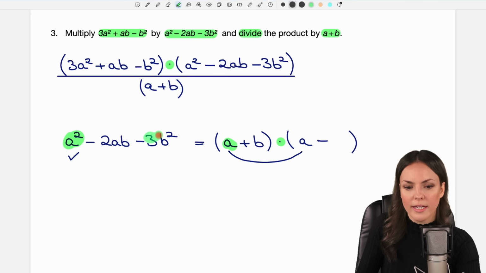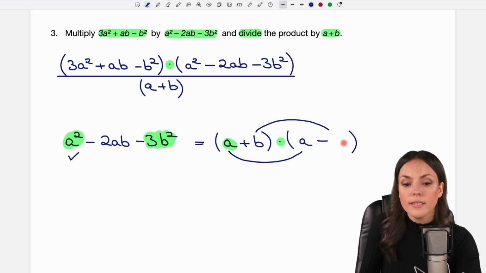If I want to create this part, I would multiply b by this second part to get this thing here. So b times what equals this? I need 3b to get there. So I have b times 3b, which equals this thing here. So I would have this as well.